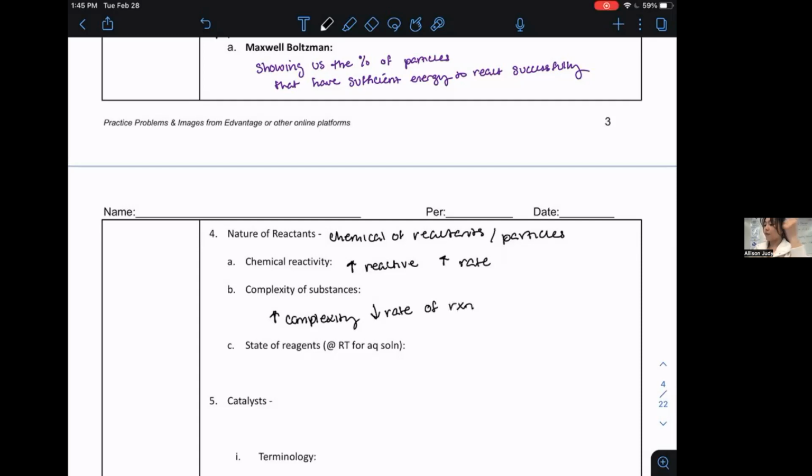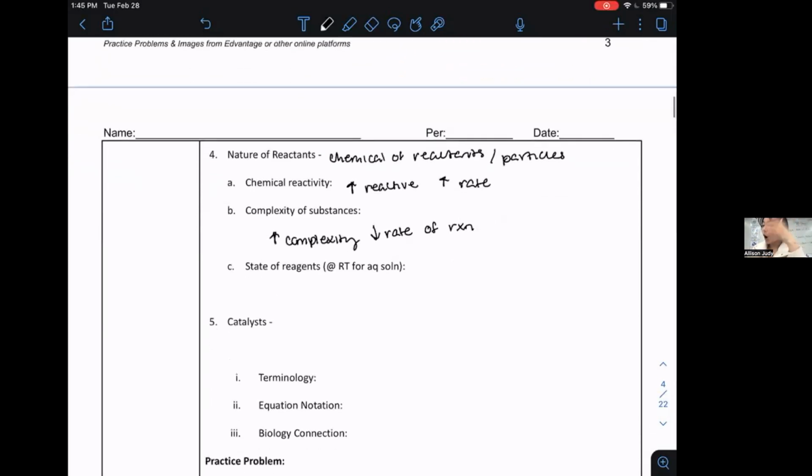It becomes important to, one, smash that thing hard enough that it actually breaks apart, and two, collide in the right places. If you have a series of different complex atoms involved in the molecule, it becomes paramount that you collide in the right positioning. And so that's why it becomes slower, because it's just harder.